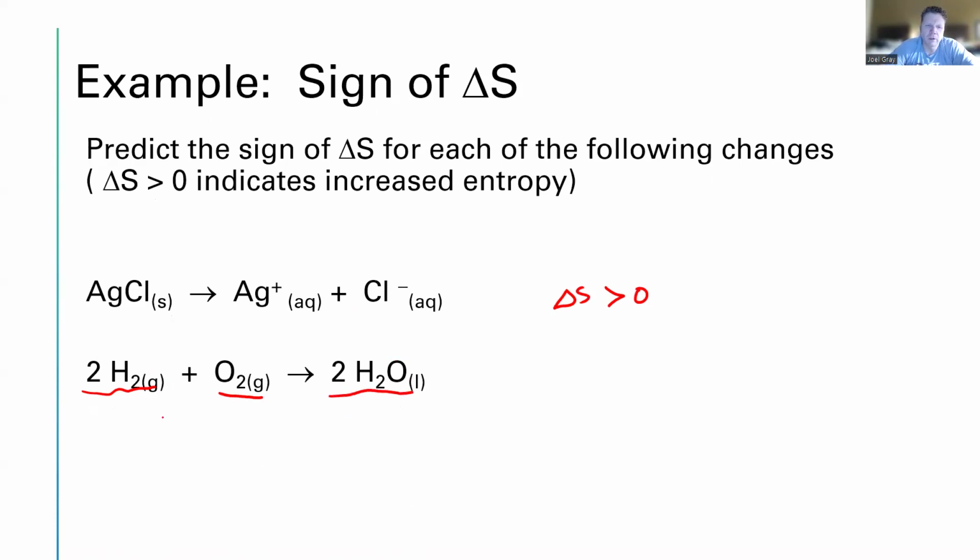Okay, for this one, what we can do is a couple of different things. We take a gas, another gas, and we make a liquid. So my first question is, if you take a gas where the atoms are kind of all over the place, and then you take that gas and you condense it down to a liquid, well, is there more order in the atoms and molecules that make up that liquid? Absolutely.